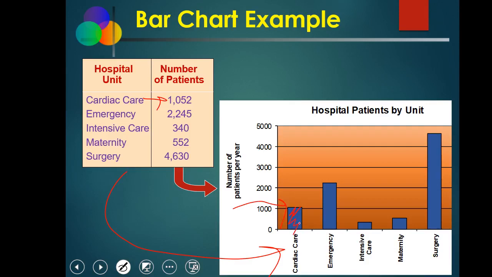This is a bar diagram, a filled shape, and it shows the number of patients in the cardiac care unit. Similarly for emergency, that is 2245, and that is represented by another bar. So this is a very simple way to represent the data in graphical form. As we can see, we have a lot of patients in the surgery department, so the bar is of greater height in the case of surgery.